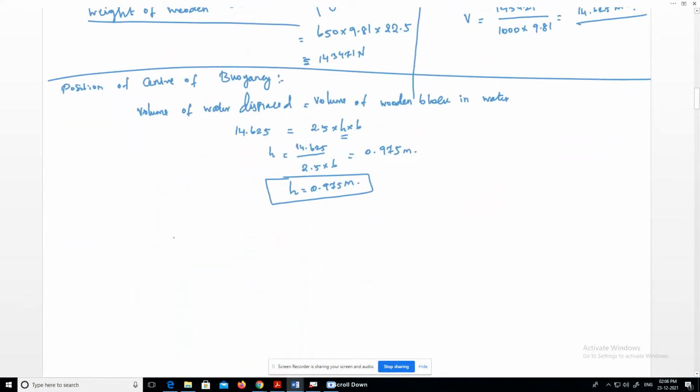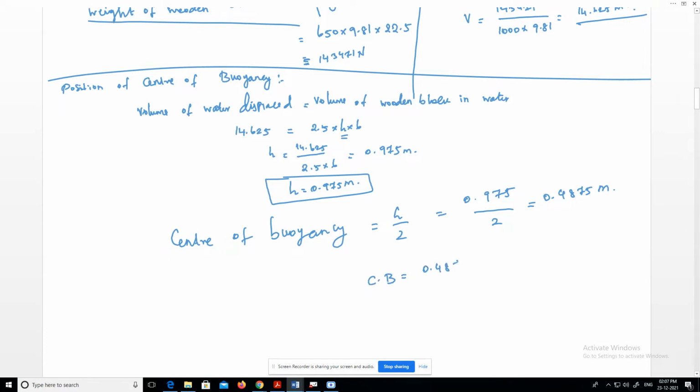So center of buoyancy is equal to h by 2, h is 0.975 by 2, which is 0.4875 meter. This is the center of buoyancy. Cb is equal to 0.4875.